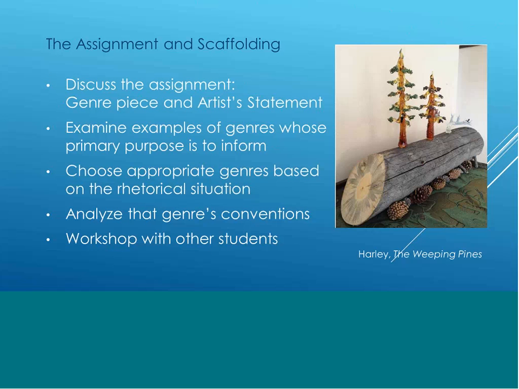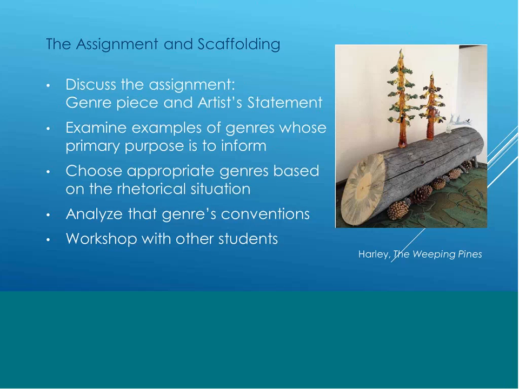So to get students to that point, their first assignment outside of class was to examine other genres whose primary purpose was to inform. One of the ways I did this was through chapter 3 in the text at the readings. Students would answer some of the questions after the readings in an online discussion area.